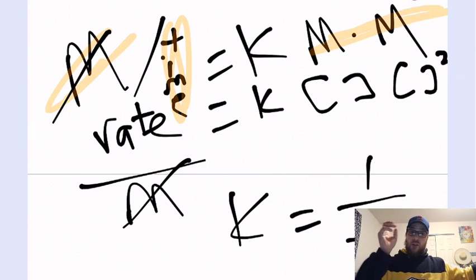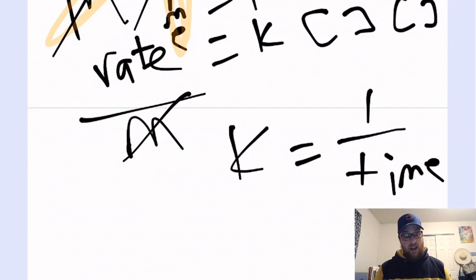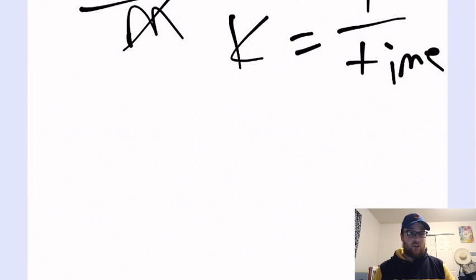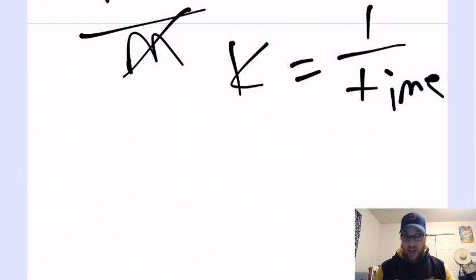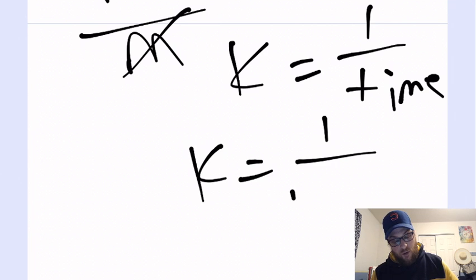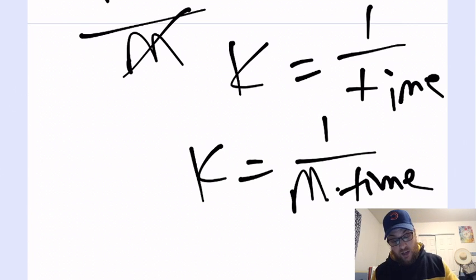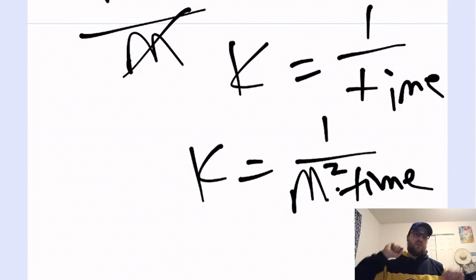If I have two substances on the right-hand side of the equation, then one of the molarities cancels out, the other one does not cancel out, and your K will be 1 over molarity times time. If there's three substances on the right-hand side, or there's one substance and the second substance is second order, then it's 1 over molarity squared times time, etc.